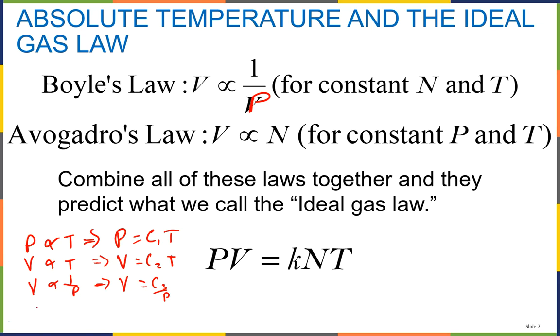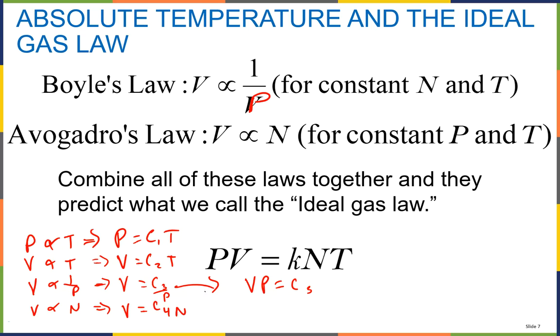And then the last one, we can take these and combine them all together, and instead of having 4 different constants, we can just get one. And so if we combine those all together, notice this one here, V times P is equal to constant 3.